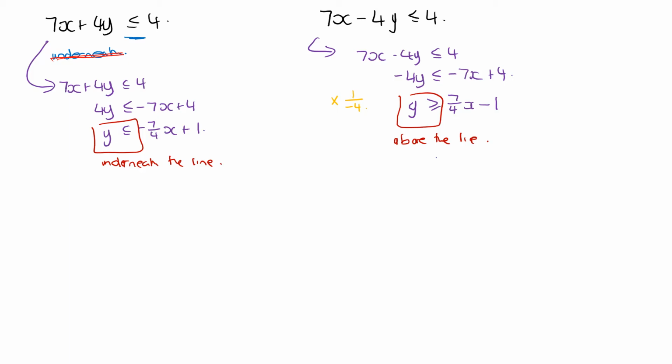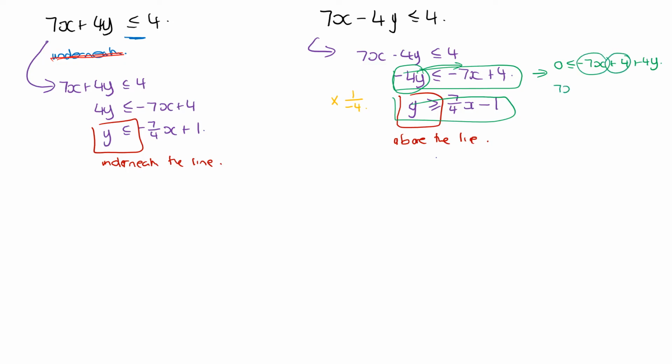Okay, and again, if you're not sure how we get from this one to this one, we can do it in a slightly different way. Here we can take minus 4y across to the other side. So we're left with 0 less than or equal to minus 7x plus 4 plus 4y. And then we take the 7x and this 4 across.